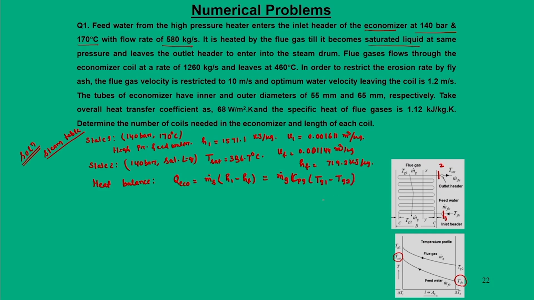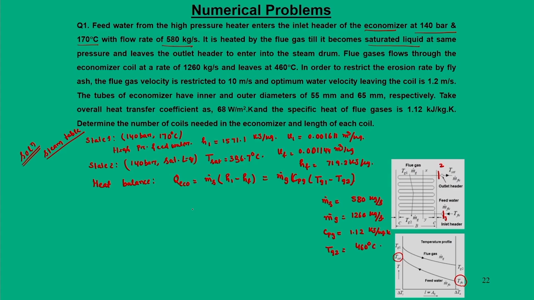We have m dot s equal to 580 kg per second, m dot g 1260 kg per second, Cpg 1.12 kilojoule per kg Kelvin, and Tg2 460 degree centigrade.